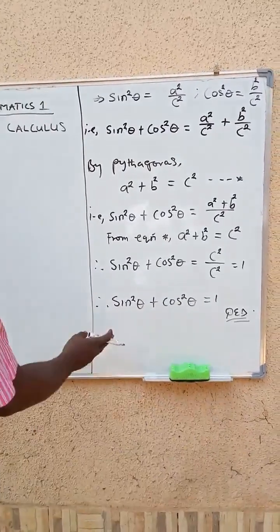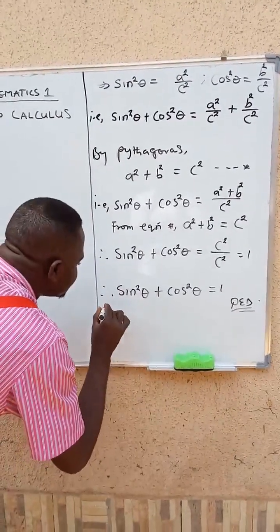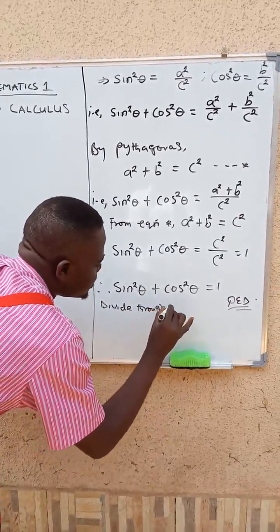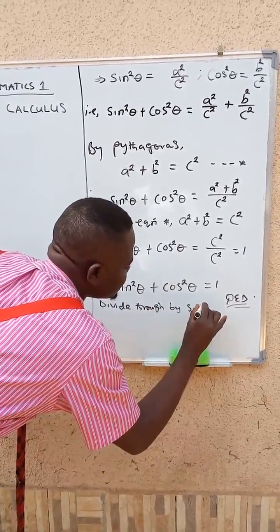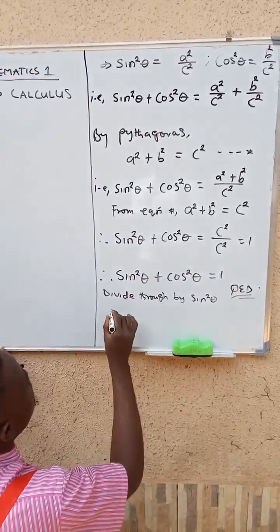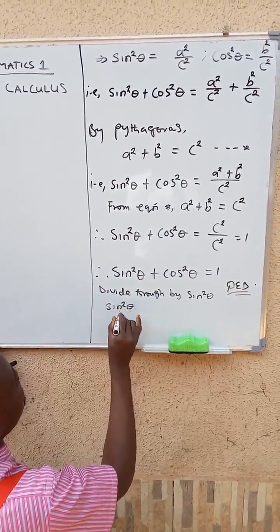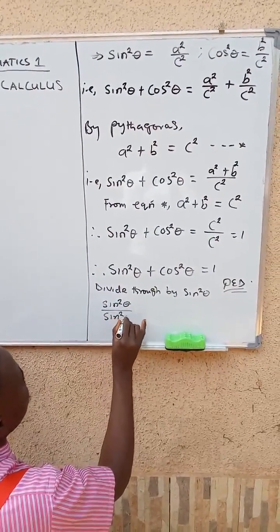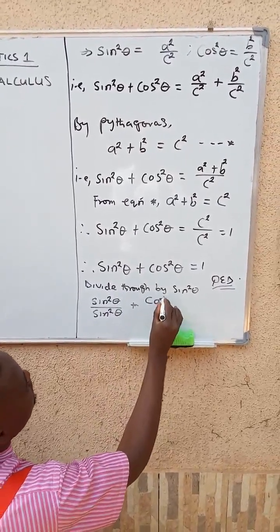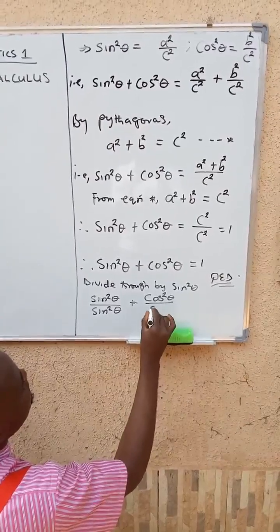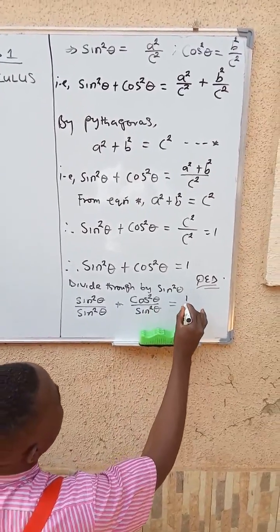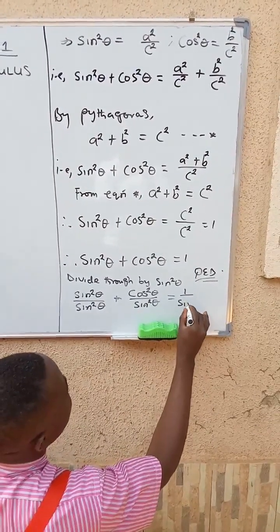Remember, if I divide through by sin²t, it will be sin² over sin² plus cos² over sin², which is equal to 1 over sin².